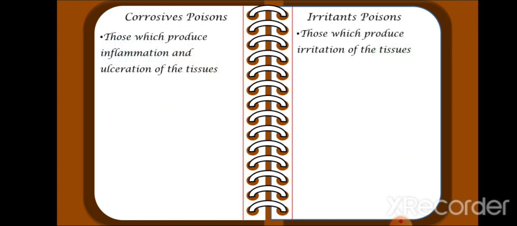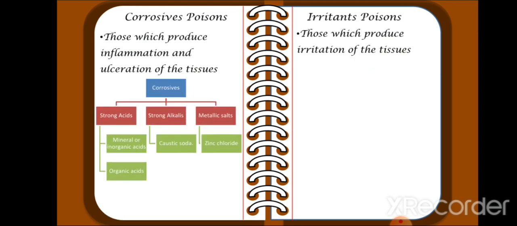Corrosive poison. What are corrosive poisons? Those poisons which produce inflammation and ulceration of the tissue are classified under corrosive poison. The corrosive poison is further divided into three parts: strong acid, strong alkali, and metallic salt.